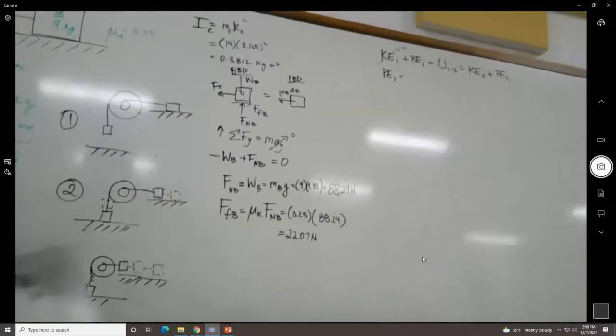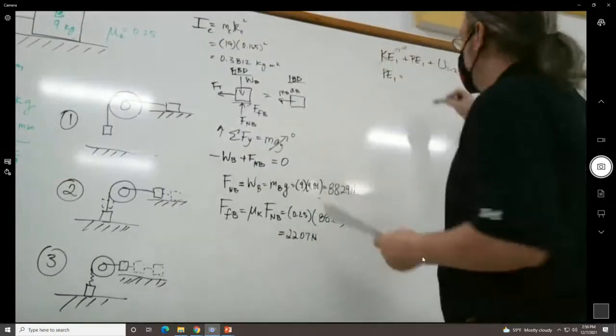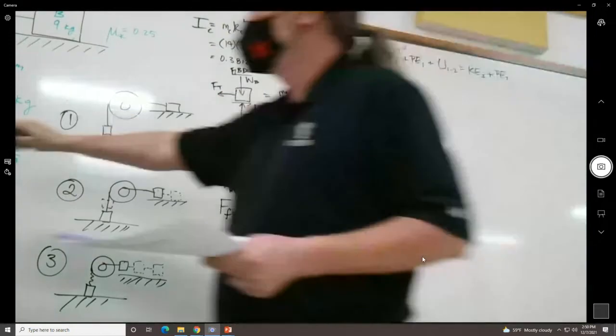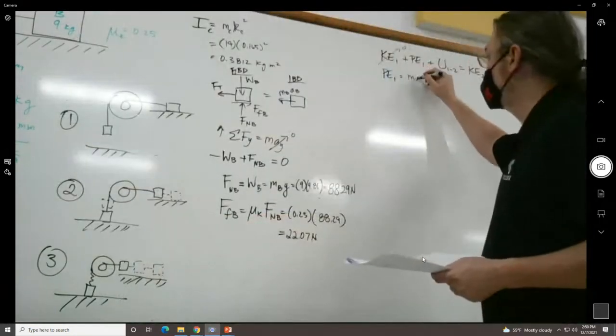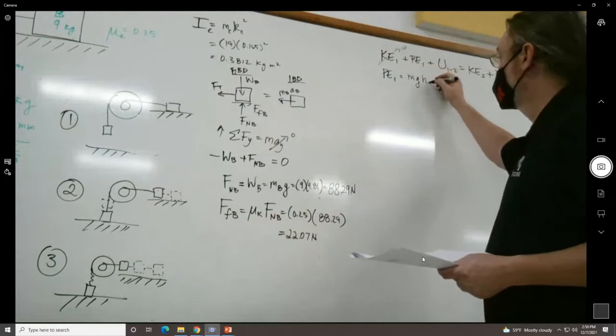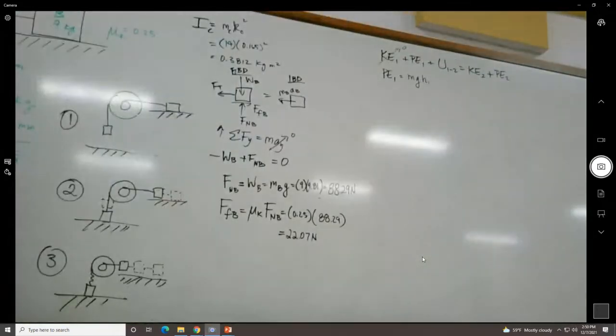All right, so we go to potential energy 1, and that's just simply going to be, what happened last time, not 1/2. It's going to be MGH1, if you want to call it H1. Right? I decided this is going to be H1 over here.